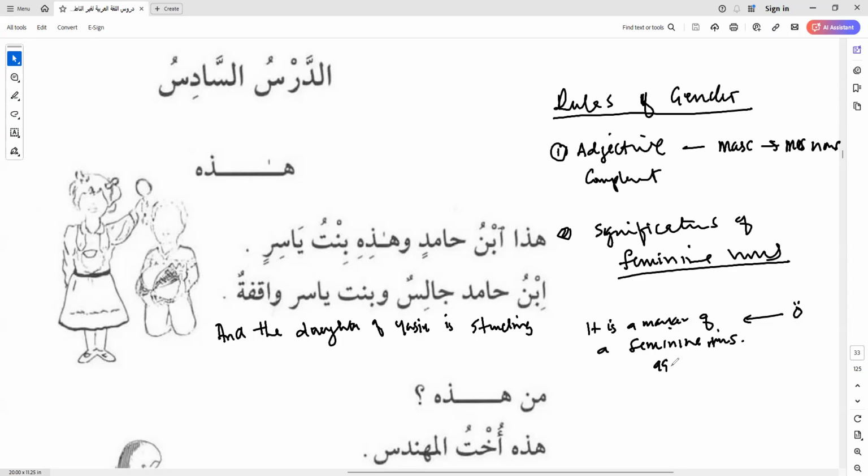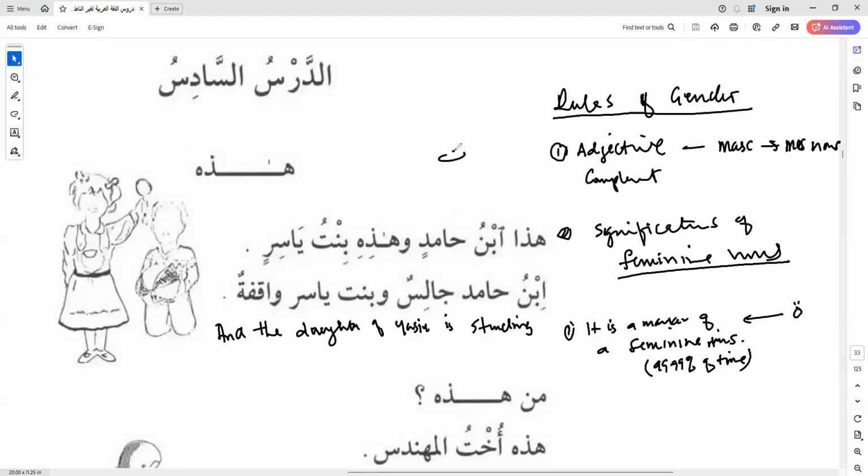And this is 99.99% of the time. So the rule is not 100% because we have some names in Arabic that end in this ta. We call it ta marbuta. So this ta marbuta, I call it a circular ta, right?